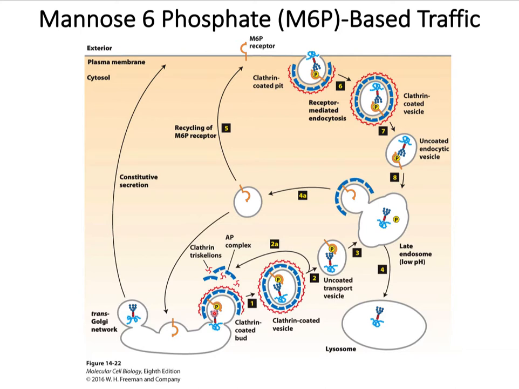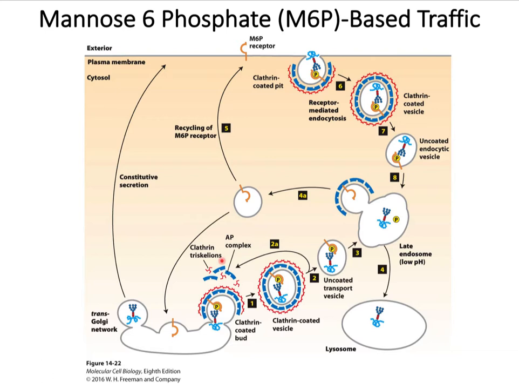Now you notice that this bud is called a clathrin-coated bud. The reason for that is that it has a coat of proteins made up of clathrin and other proteins. We'll talk about why this clathrin coat is so important in trafficking in the last part of the topic. For now, I will mention it because it helps in the formation and provides the mechanical force to form the bud, but we will look at this a little later.